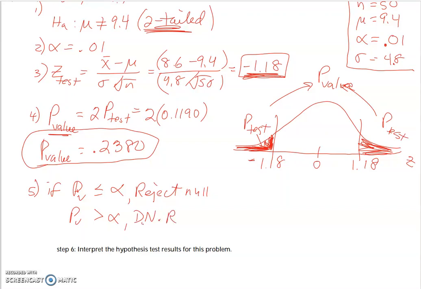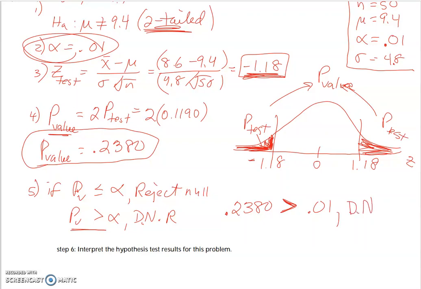And that looks like that's the case I think we have now, because we look at our p-value here, we get 0.2380. We're testing against a significance level up here of 1%, right, 0.01. And certainly 0.2380 is a lot bigger than 0.01. So this is not a case where we're going to reject.